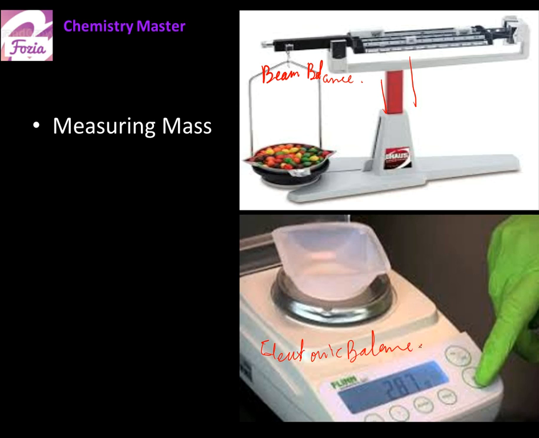And this balance has one advantage, that we can accurately measure the mass of any object up to an accuracy of 0.01 gram, up to 2 decimal places. That's why it is used for precise and fast weighing. So this is how we can measure mass. We just need to put the object on the pan, and the digits tell us the accurately measured mass.